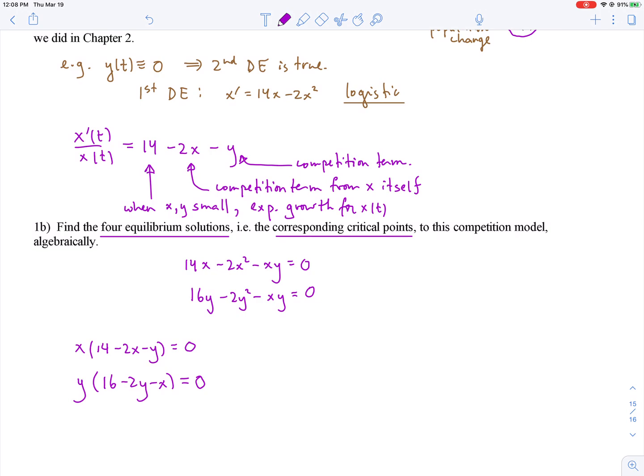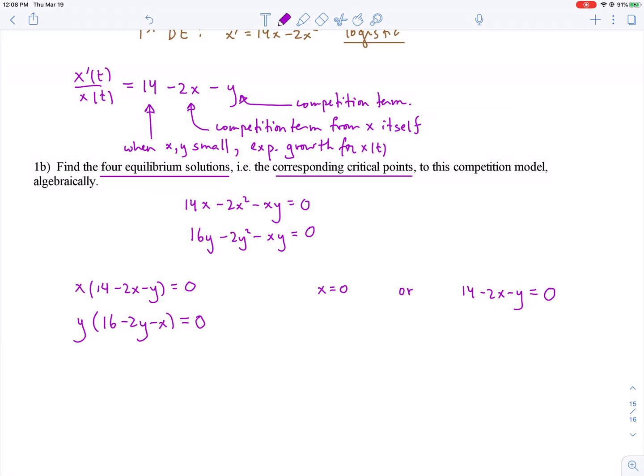And in order to get an equilibrium solution, both of the left-hand sides have to evaluate to 0. So let's just make a little logic diagram to figure out how this could happen. So for the first equation, it could be that x equals 0, or that the other factor, 14 minus 2x minus y equals 0.